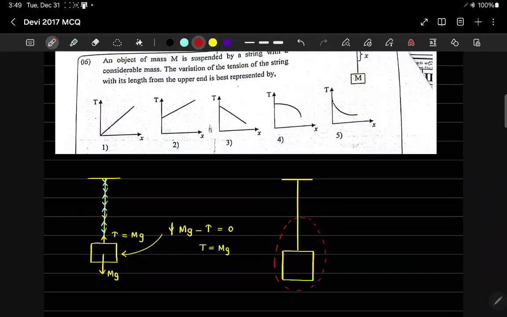Now, it's not mentioned here, but let's consider the mass of the string being simple m. Then what would be the mass per unit length? That would be m over L, if the length of the string is L.